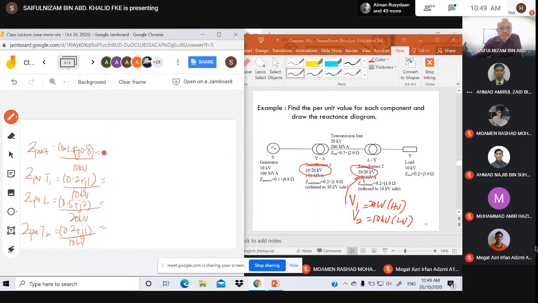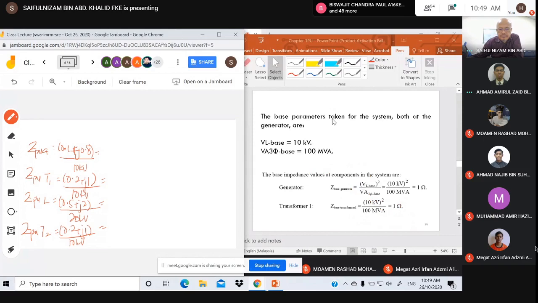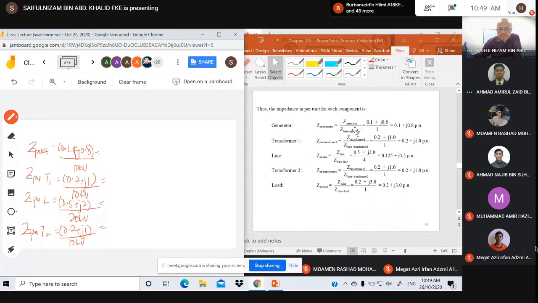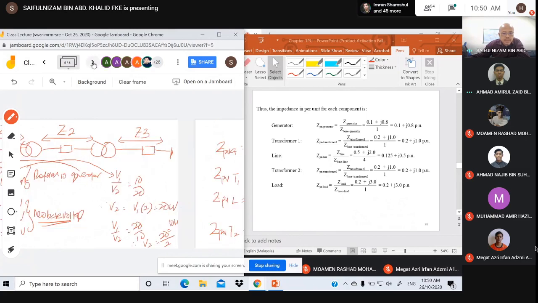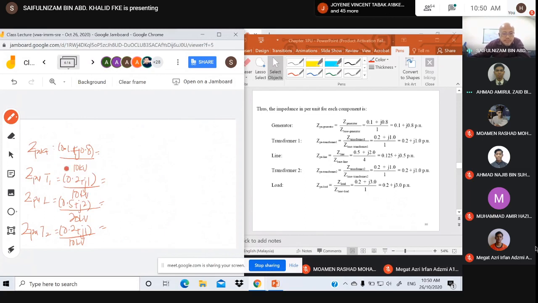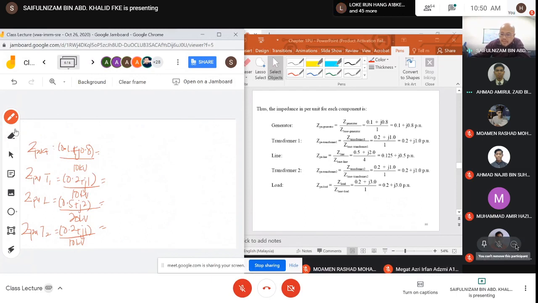Okay, ZPU for the generator. Sorry, I put the base voltage, but it should be the Z base, not the voltage.